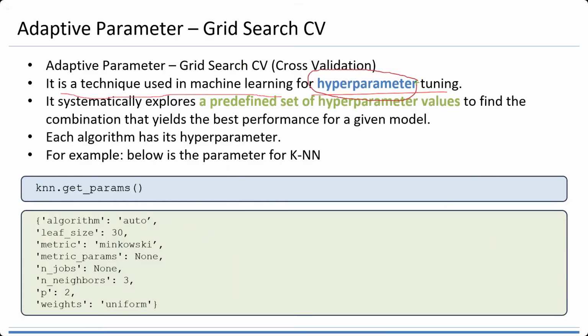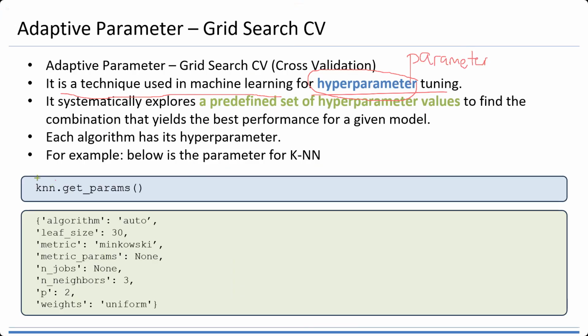Hyperparameter. So what does it mean? We will have parameter. The parameter means something that you need to specify for the algorithm to run.